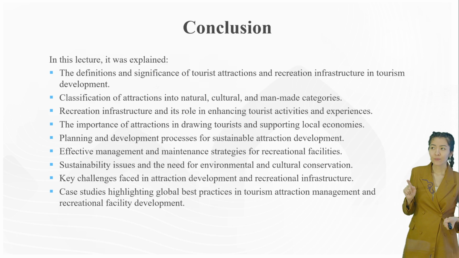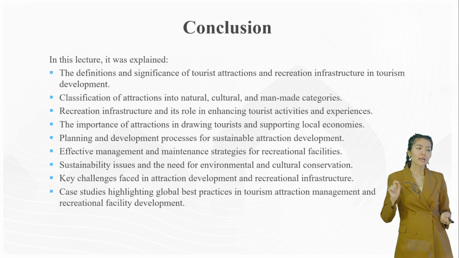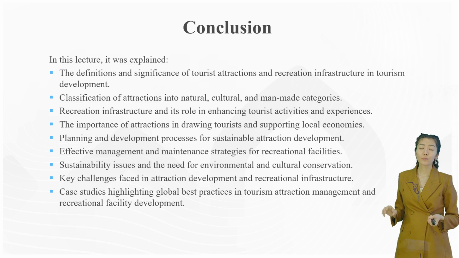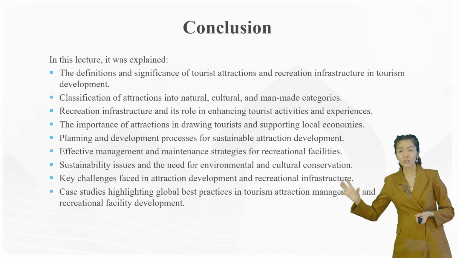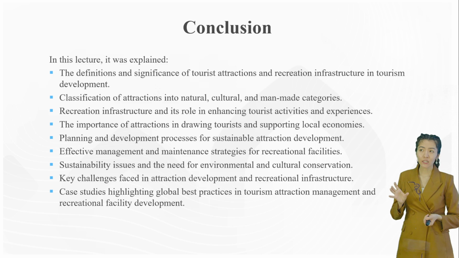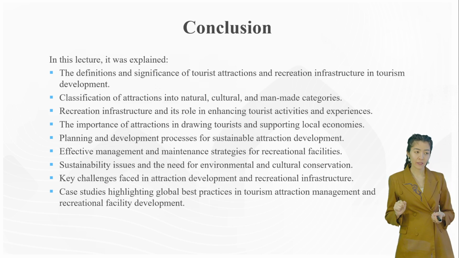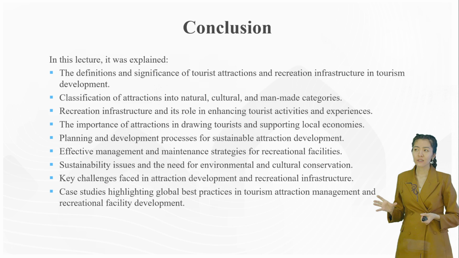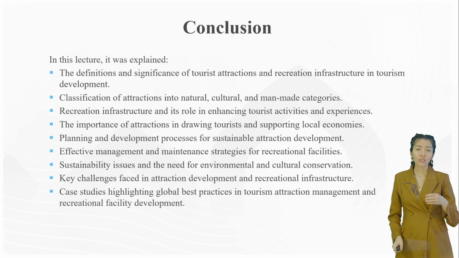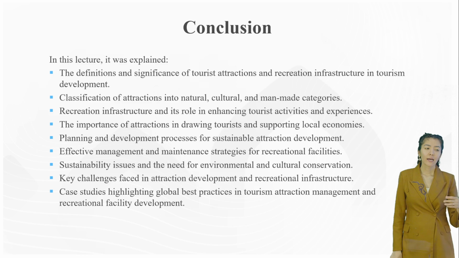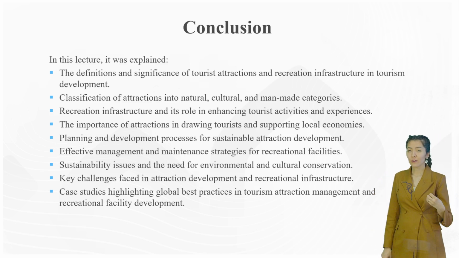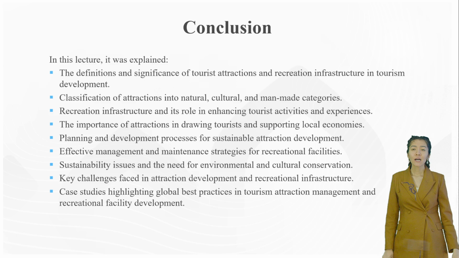In this lecture, I explained to you firstly the differentiation between tourist attractions and recreation infrastructure in tourism development. What types of classification are very important to know, and the different classifications or types of tourist attractions and recreational infrastructure.